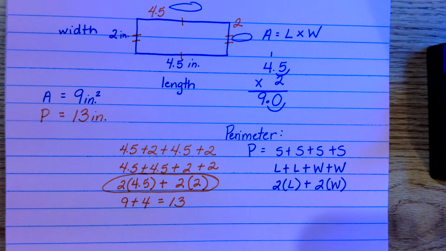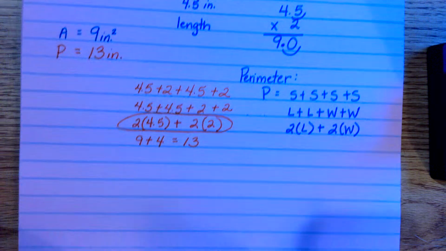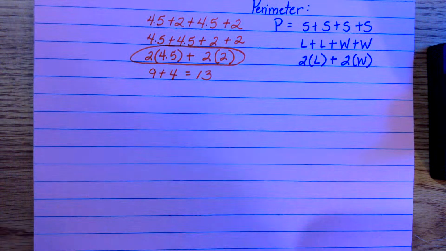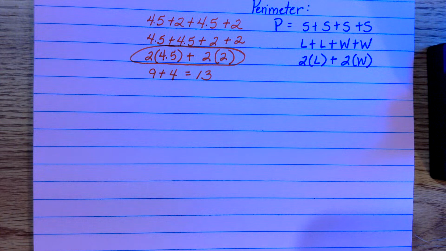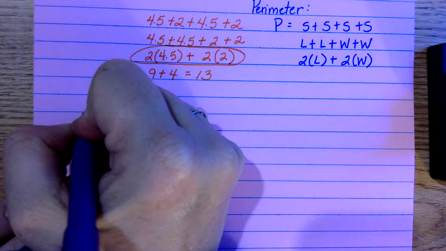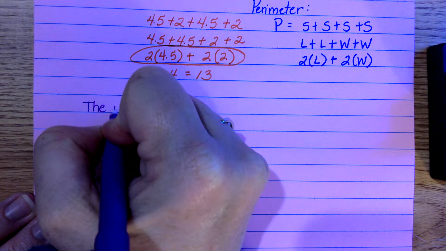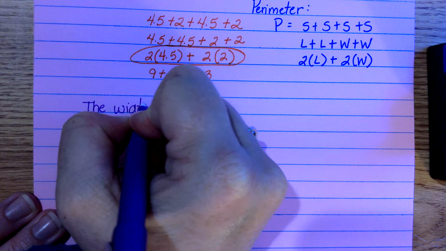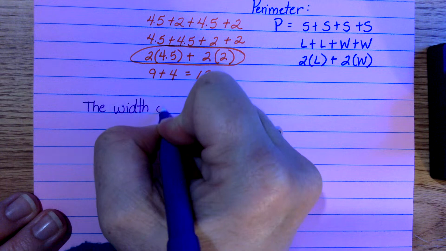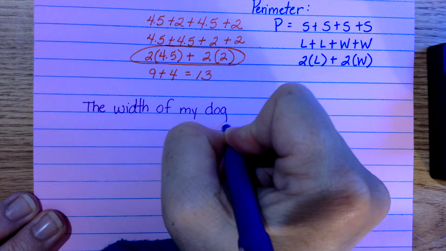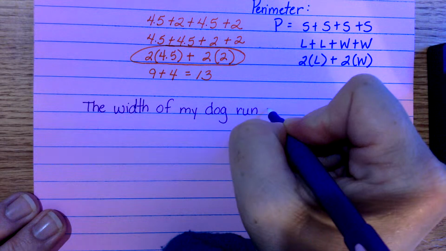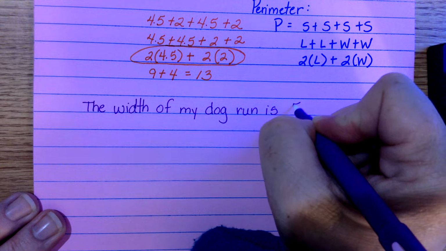So let's think about this in terms of a word problem. Okay. So I have 2 dogs. You guys know I love my dogs. And we had to build a dog run. All right. The width of my dog run is 5 feet.